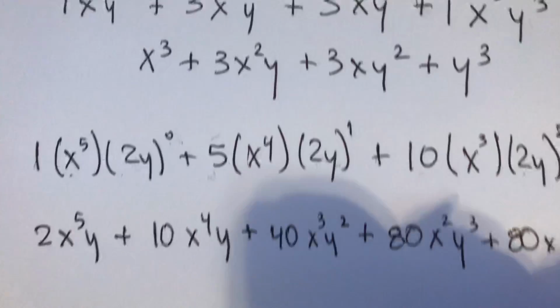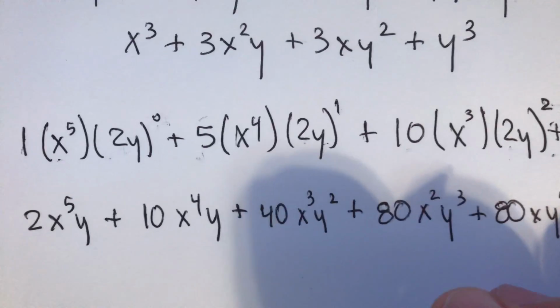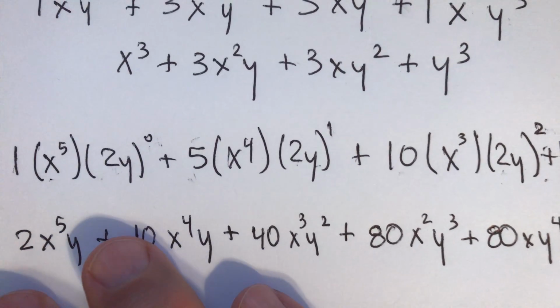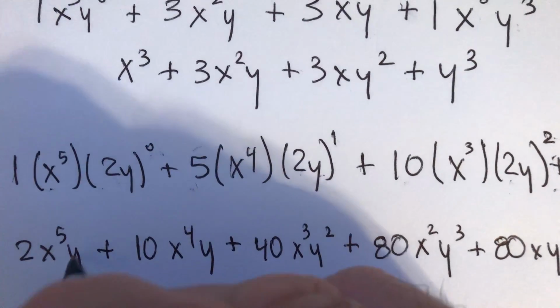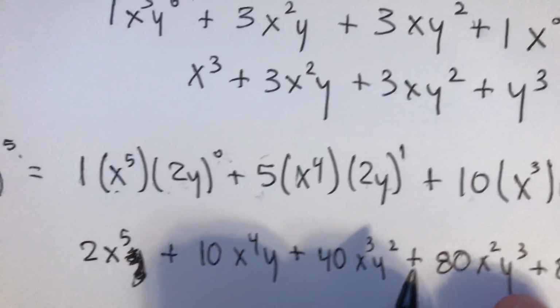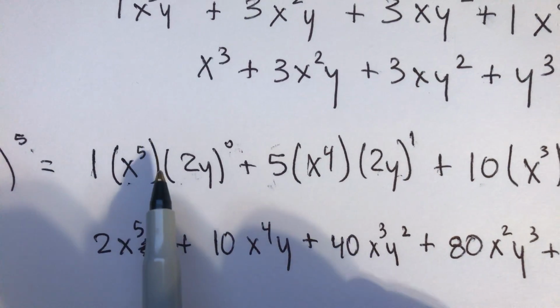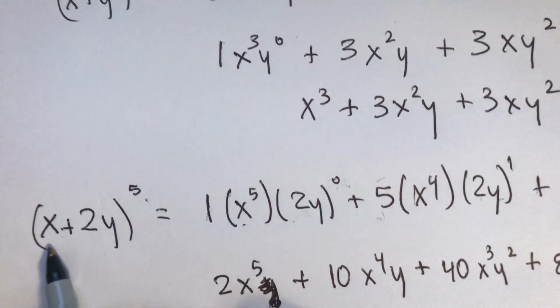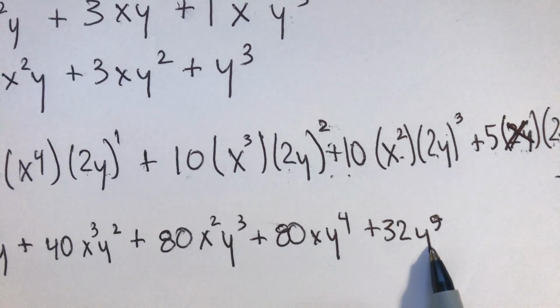Now, notice that when I write this, x starts out raised to this power. So your first term will only have whatever this is in it. Your last term will only have whatever the second variable is.